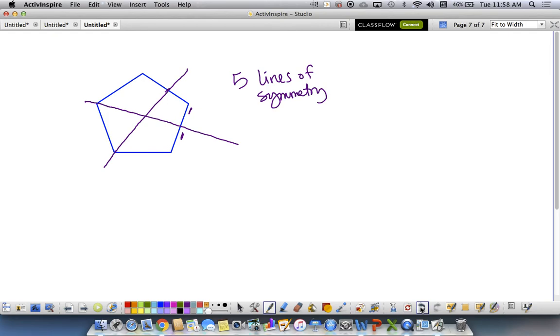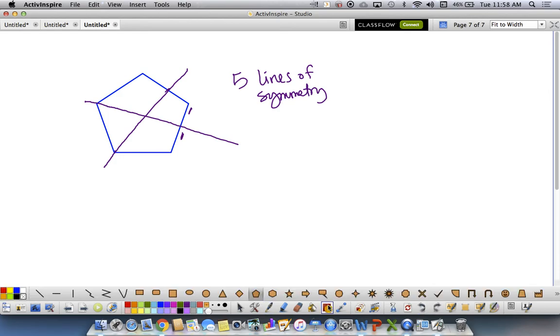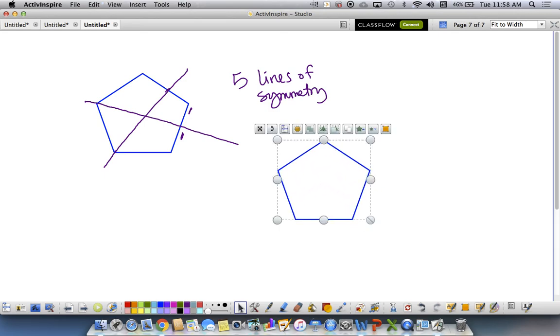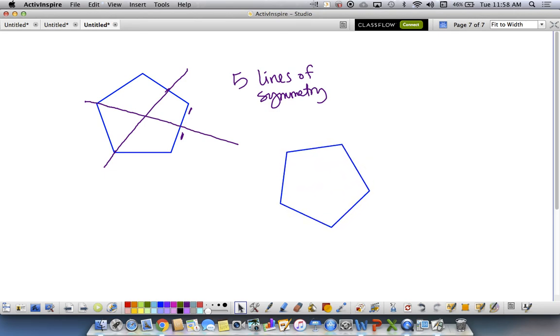If we wanted to rotate this pentagon, let me see if I can duplicate just the pentagon. Yes. If it's a regular pentagon and I wanted to rotate it, this is when I can tell it's not a regular pentagon.